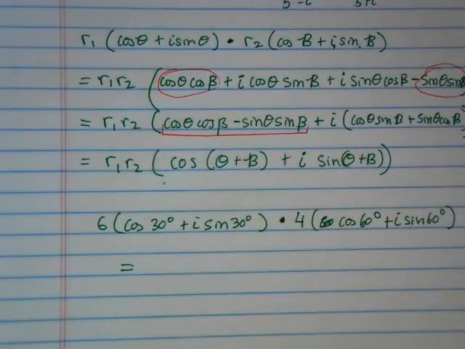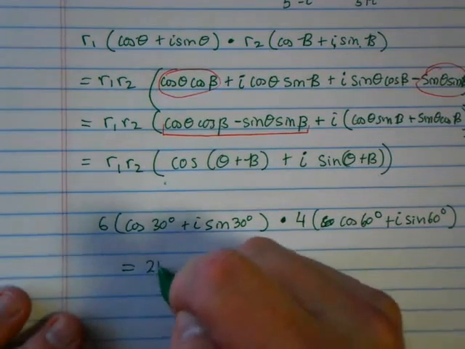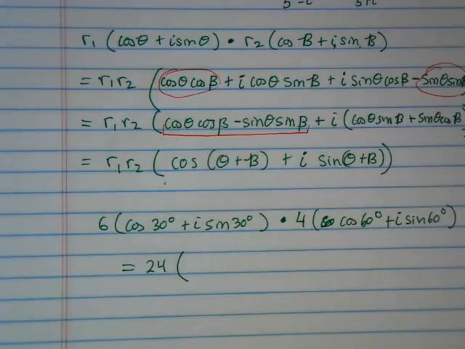This formula tells me multiply these two numbers. What's 6 times 4? 24. Times, what do I do with my angles? Simplify them how? Oh no, that's way too hard.